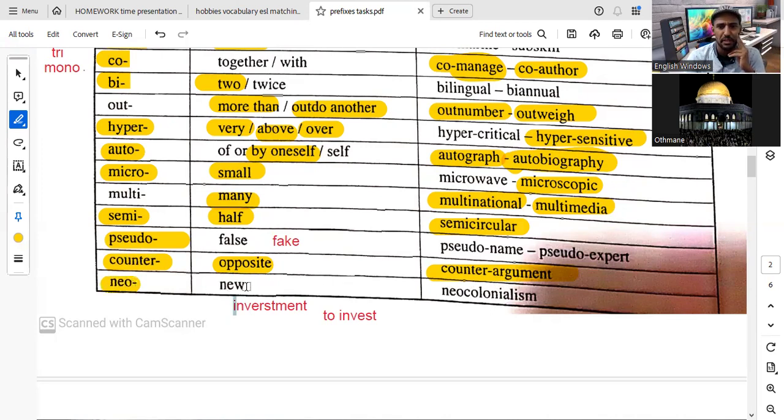Neo means simply new. Like neo-colonialism. Colonialism is the occupation of a country, and neo-colonialism is a new colonialism, which is based on culture.